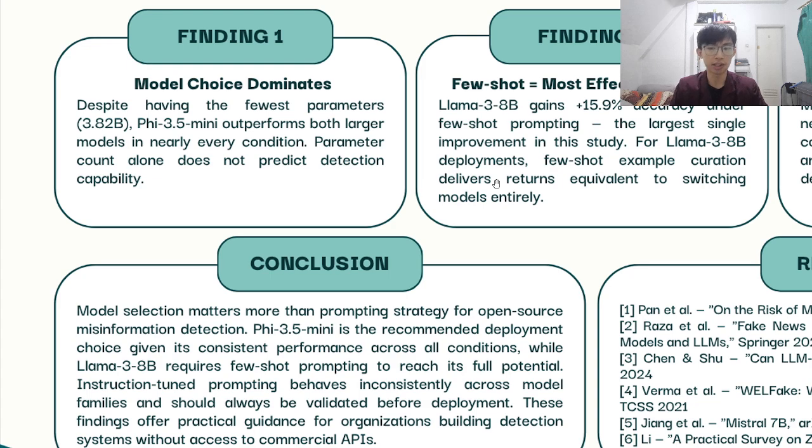The conclusion is that model selection matters more than prompting strategy for open source misinformation detection. Phi 3.5 mini is the recommended deployment choice given its consistent performance across all conditions, while Llama 3 8B requires few-shot prompting to reach its full potential. Instruction-tuned prompting behaves inconsistently across model families and should always be validated before deployment. These findings offer practical guidance for organizations building detection systems without access to commercial APIs.